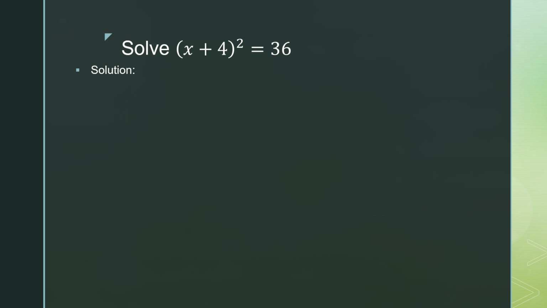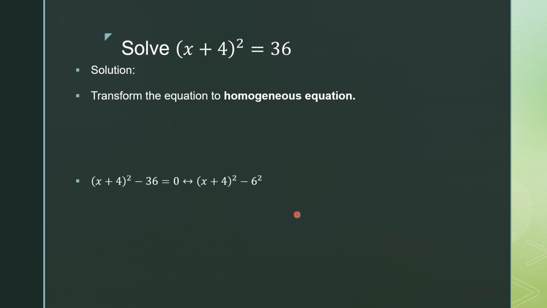Let's see another example. x plus 4 in a bracket squared equals 36, and we need to solve this equation. So we can transform the equation to a homogeneous equation, i.e. we can move this to the left side and leave the right side as 0.